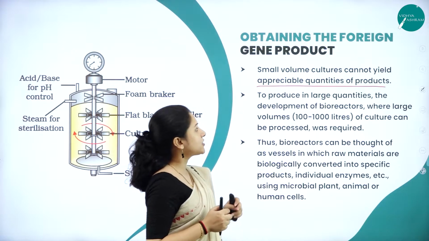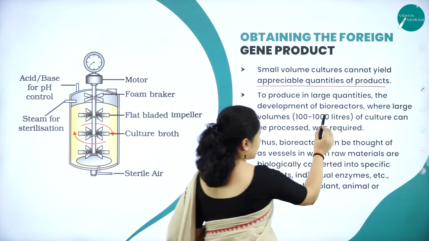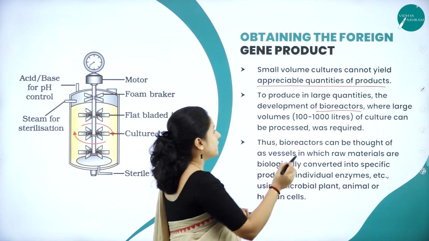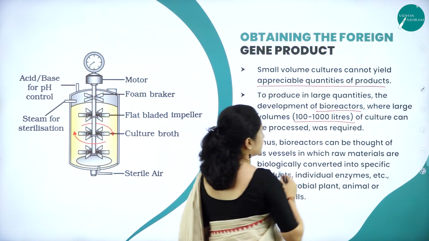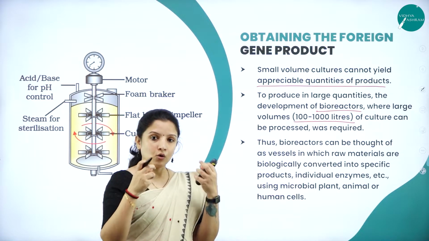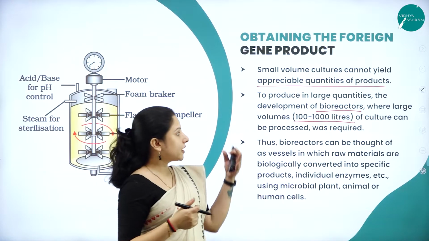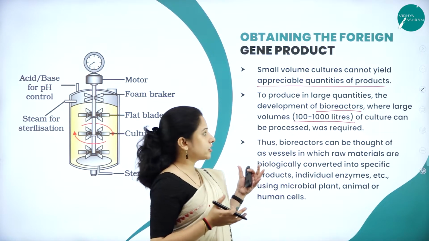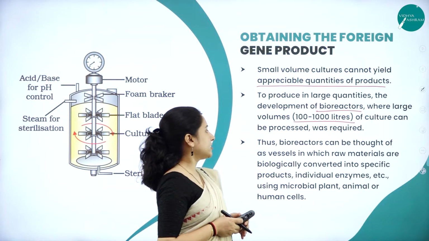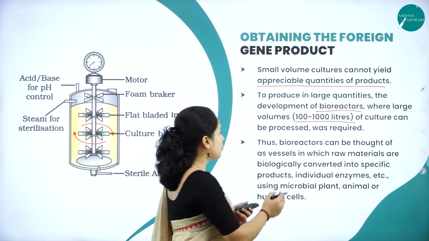So to produce large quantities, bioreactors are available, having a capacity of about 100 to 1000 liters. So such bioreactors have been developed which can hold cell cultures of 100 to 1000 liters, and these bioreactors are nothing but vessels.